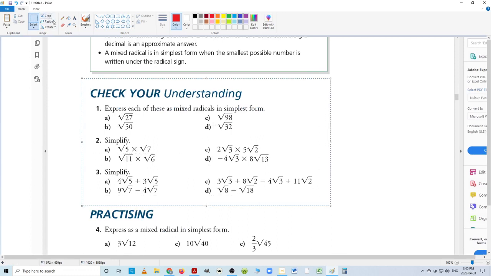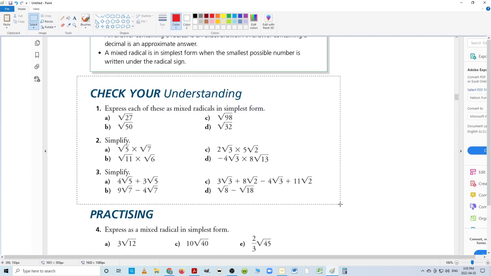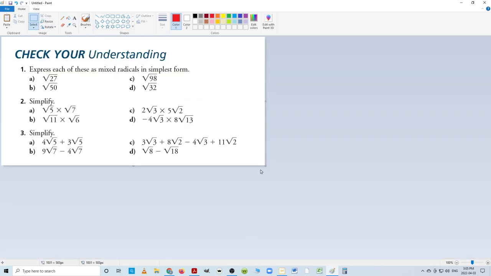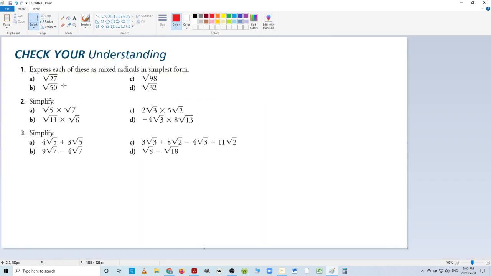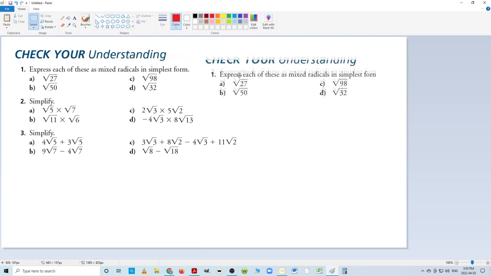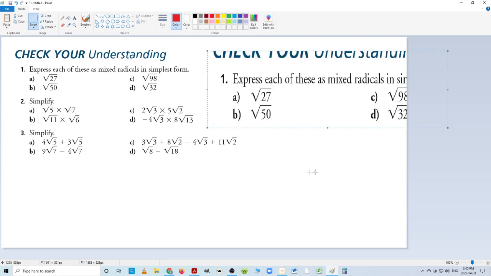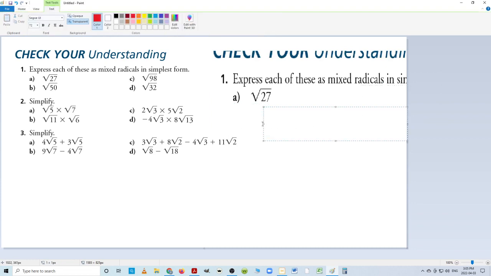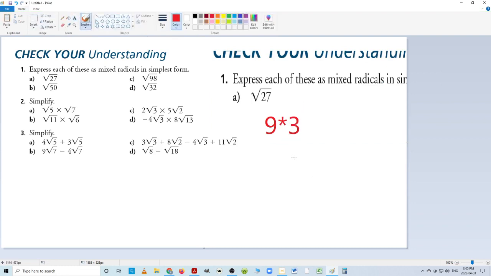So let's look at 27. Well, the first thing you should ask yourself is, can 27 be divided by any number? So we're looking at these here. Can 27 be divided by any number? Yeah, it's clear it can be divided by 9 and 3. 9 times 3. So I can put that under the square root.